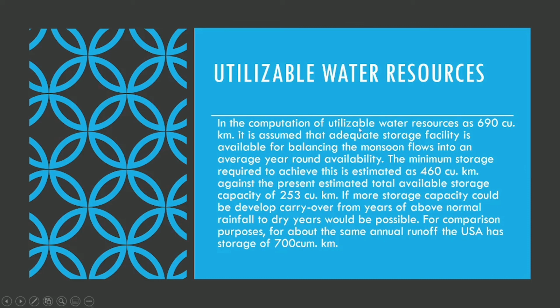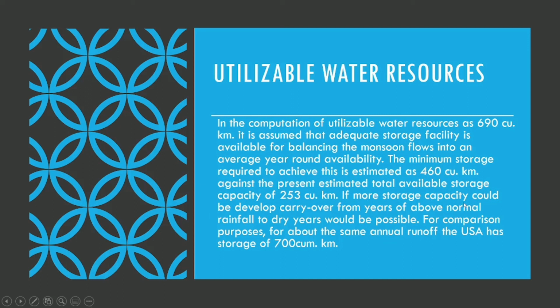In the estimation of utilizable water resources as 690 cubic kilometers, it is assumed that adequate storage facility is available for balancing the monsoon flows into an average year-round availability. The minimum storage required to achieve this is estimated as 460 cubic kilometers against the present estimated total available storage capacity of 253 cubic kilometers.